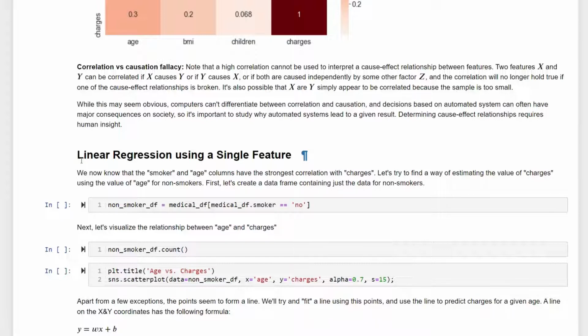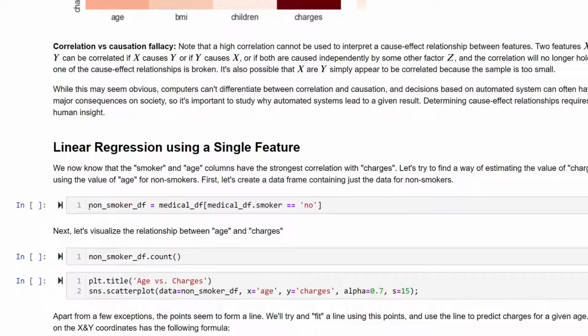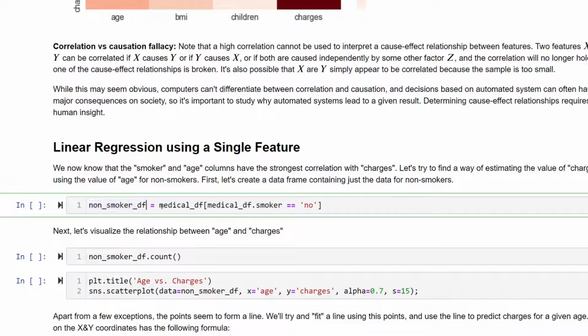In our previous data set, we have both smokers and non-smokers. So we are going to intentionally separate the non-smokers into a new data frame. I'm labeling it as non_smoker_df and passing medical_df as the data, with medical_df.smoker equal to 'no' representing non-smoker.